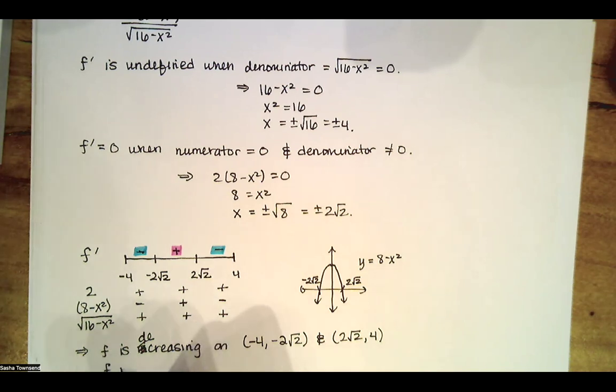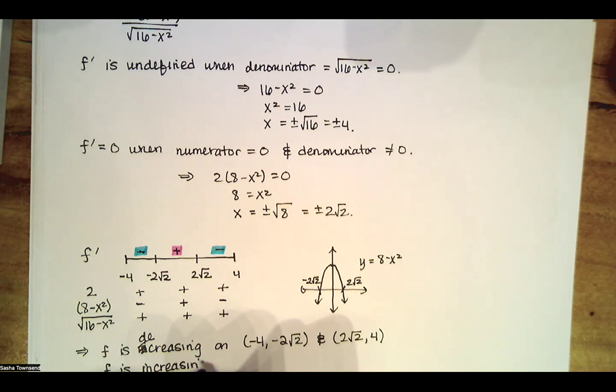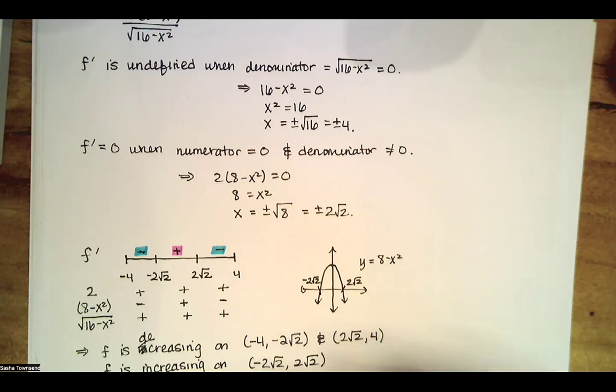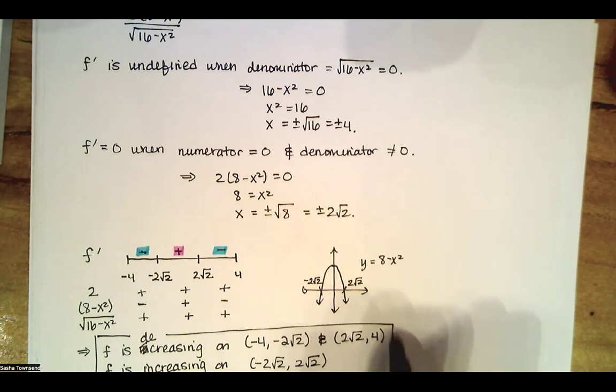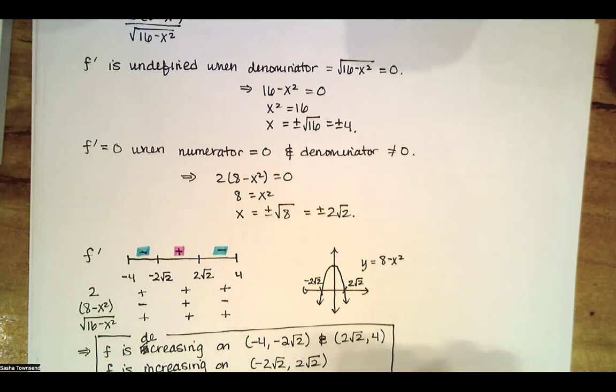And then f is increasing on that interval in between from -2√2 to +2√2. And that's our answer to the first question.